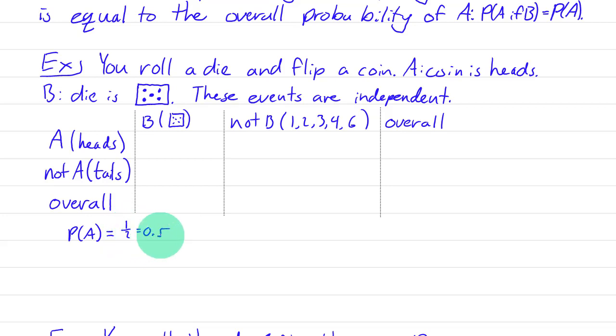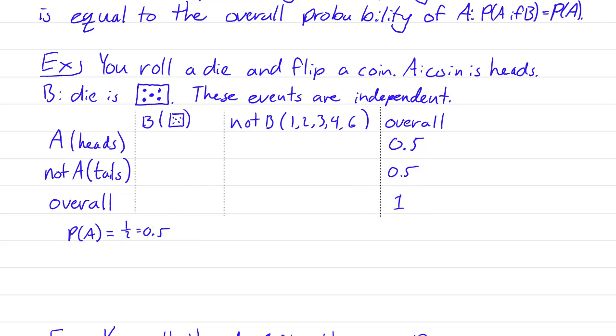So that's 0.5 or 50%. So that's the overall probability of heads here. Now, the overall probability of not heads, of getting tails, is what's going to go over here. That's also going to be 0.5. Now, the overall probability of anything happening is always going to be 1, or 100%.